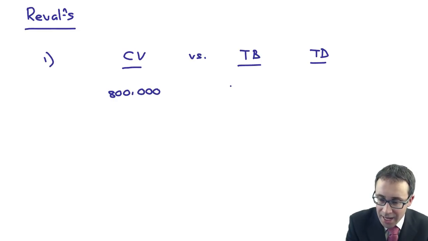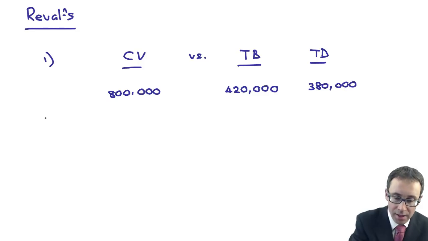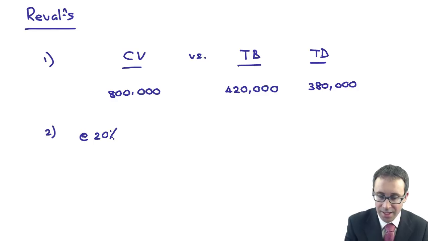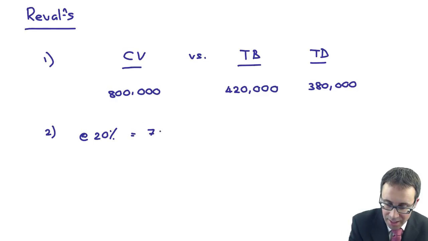The tax base, if memory serves me right, was 420. So that gives me a temporary difference of 380,000. Step 2, we tax that at 20%. 380 times 20% is 76,000.